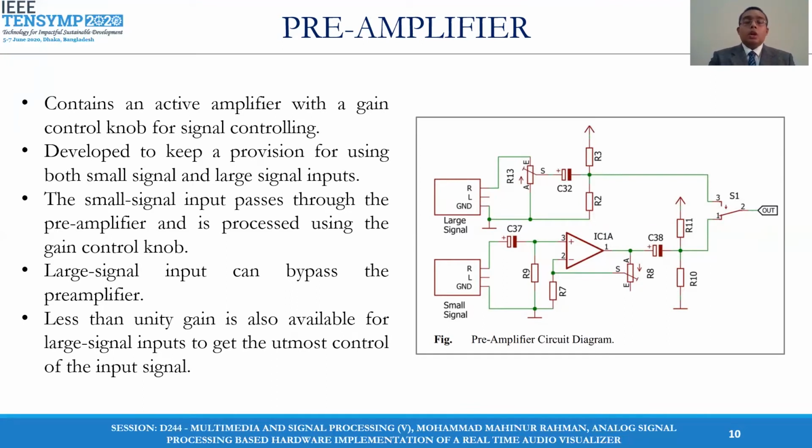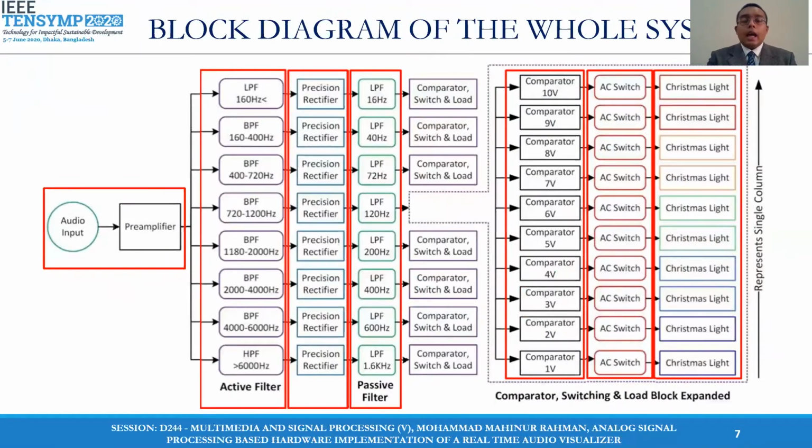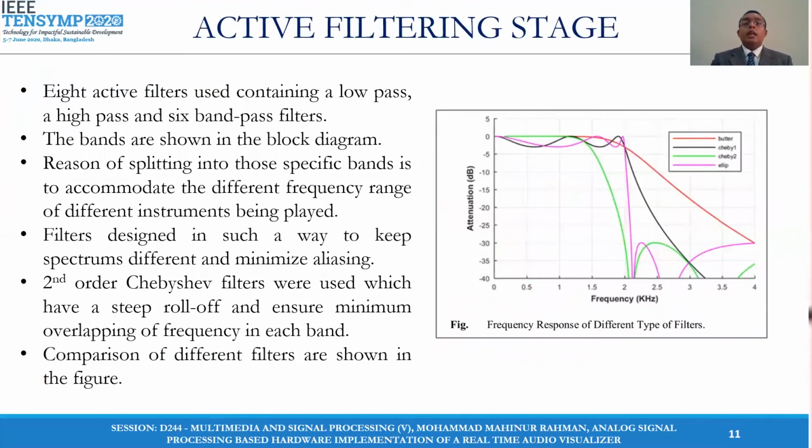From this section, the signal is passed into the active filter section, where we have implemented 8 active filters, consisting of a low pass filter, a high pass filter, and 6 band pass filters.